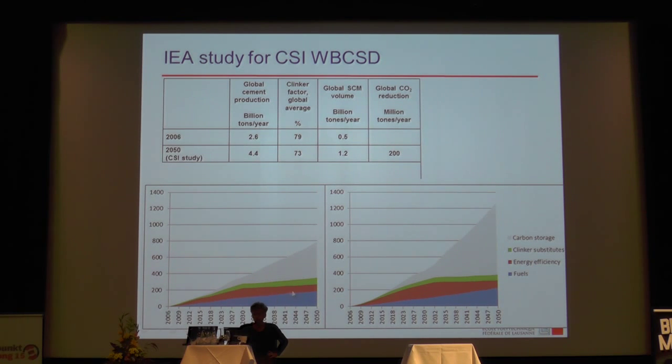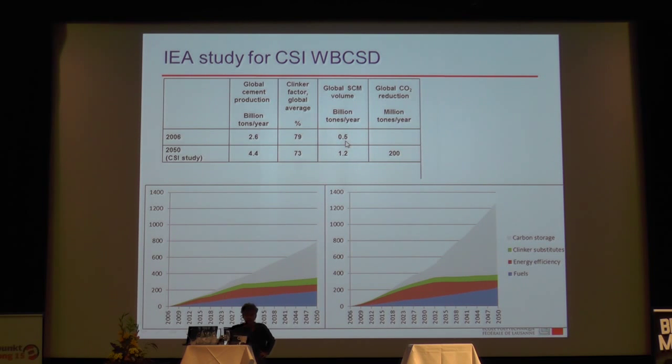If we can improve efficiency, if we can continue to replace old, inefficient cement kilns with new efficient ones, then we can save this red one. And this kind of comparatively thin green line is what we can expect to get from continuing to use supplementary cementitious materials. So the amount of slag and fly ash available will increase.